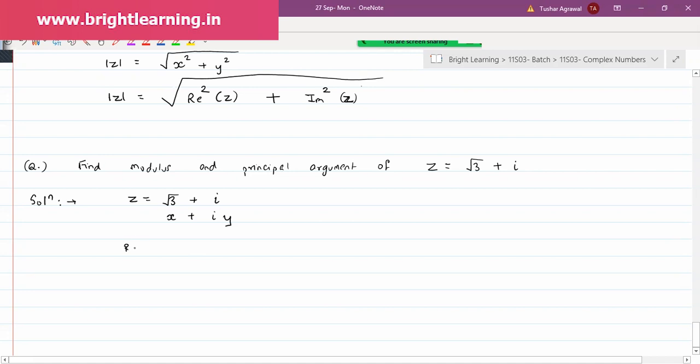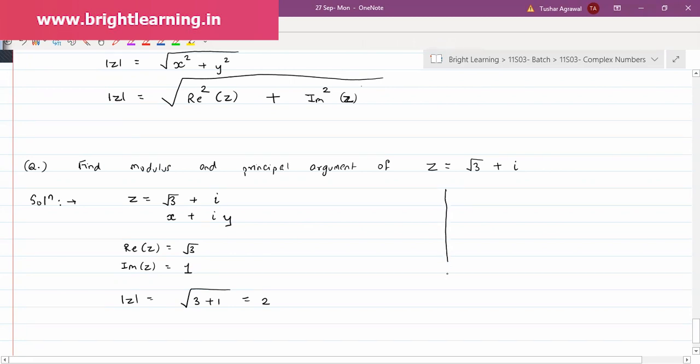The real part of z is root 3 and the imaginary part of z is 1. You don't have to do any manipulations; the question was given in the standard form only. So directly can I write the modulus of z? Modulus of z is equal to the square root of root 3 square plus 1 square, which is 2. No doubt up till here.